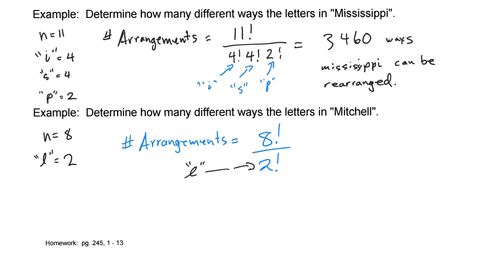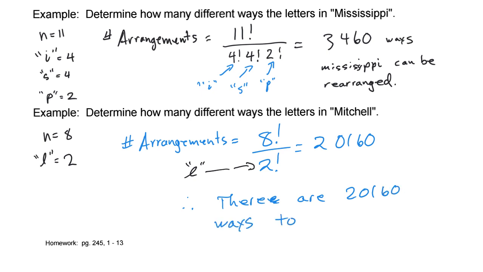Okay, so we get our final answer of 20,160. Therefore, there are 20,160 ways to arrange Mitchell.